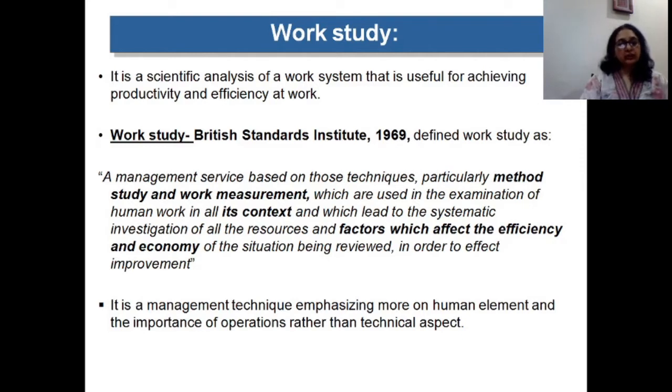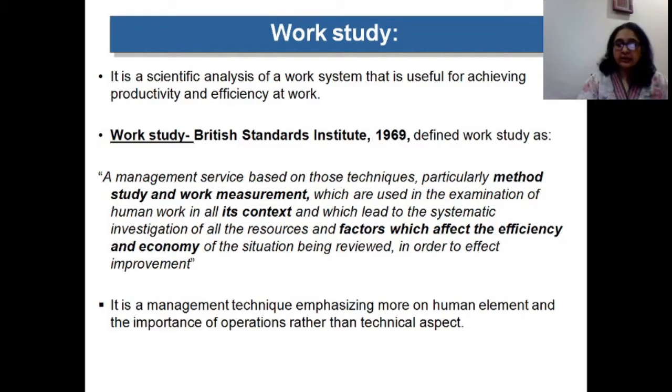So looking at the definition, we can say that work study, first of all, is a generic term for two interdependent techniques, that is method study and work measurement. We'll study both these techniques later on in detail. So work study involves both method study and work measurement.